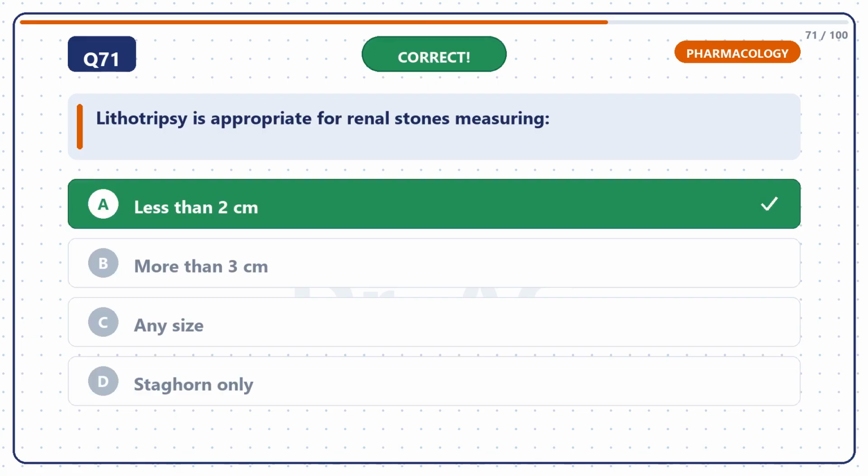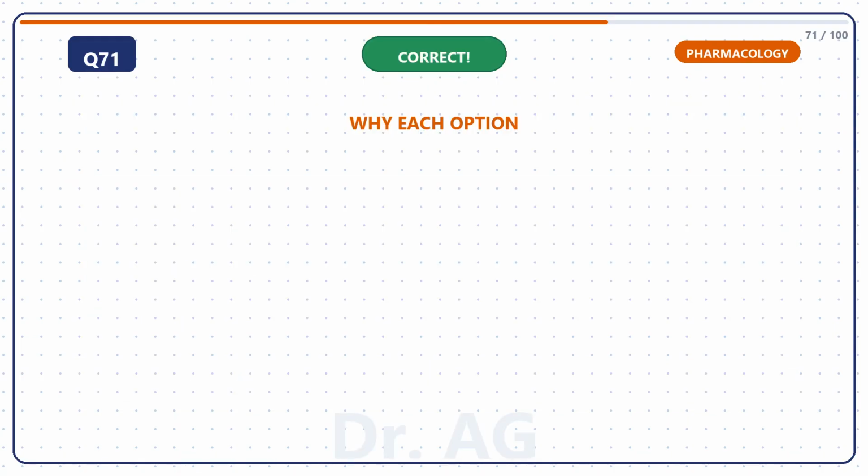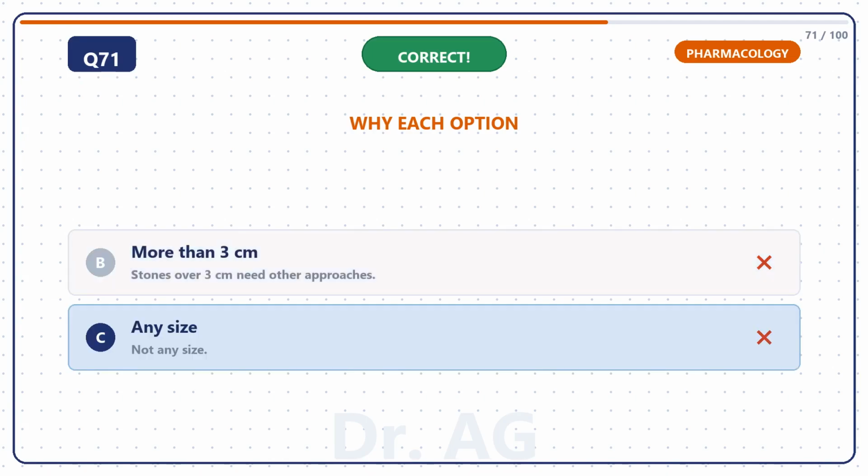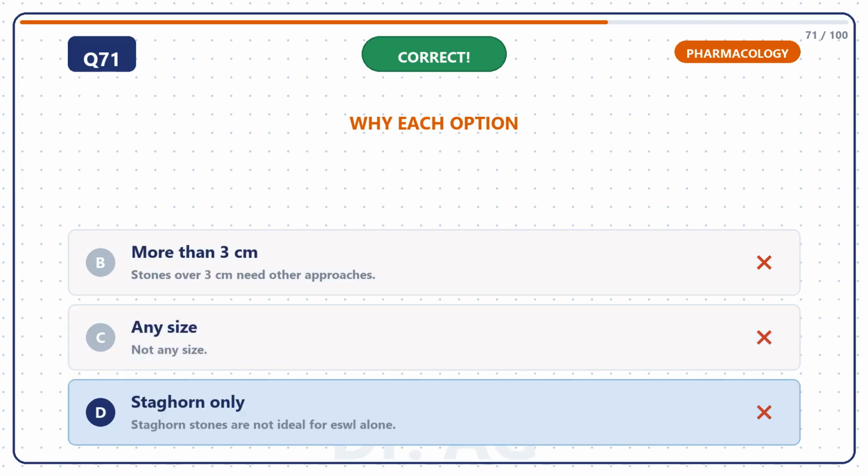The correct answer is option A. Less than 2 centimeters. Let's go through the options. More than 3 centimeters. Stones over 3 centimeters need other approaches. Any size. Not any size. Staghorn only.